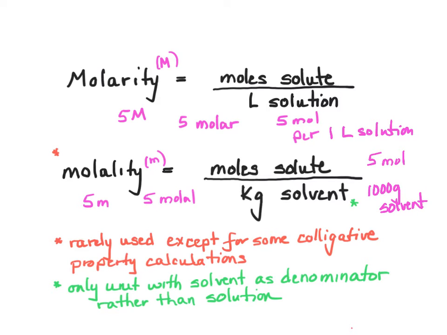I might have, say, 5 moles of, I don't know, sodium chloride dissolved in 1,000 grams, or that's 1 liter, right, of water. So not 1 liter of solution, but 1 liter of water. Molality is rarely used except for some colligative property calculations, which we'll get into in a little bit. And it's also the only unit with solvent as the denominator rather than solution.